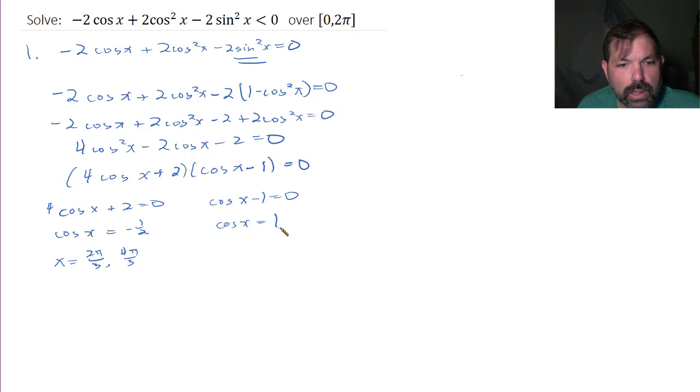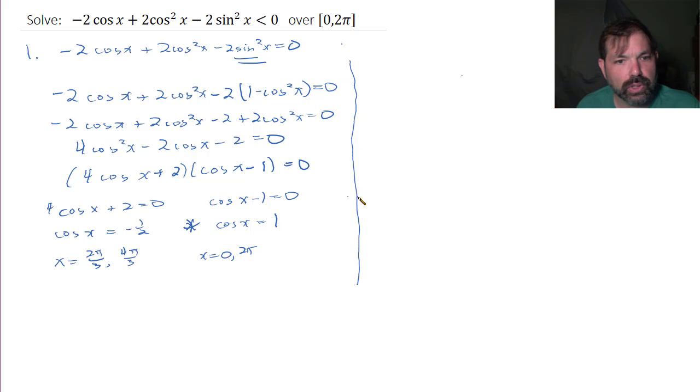And the cosine is 1 at 0 and at 2 pi. Now again, if you weren't sure about the factoring, you could have used the quadratic formula to get to this point, that cosine x is negative 1/2 and cosine x is equal to 1.